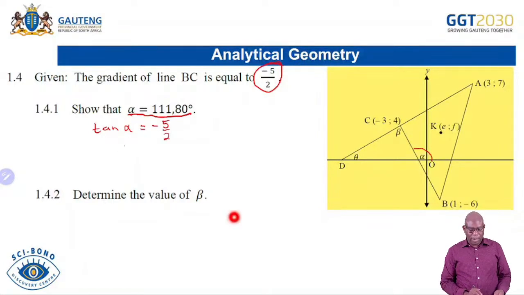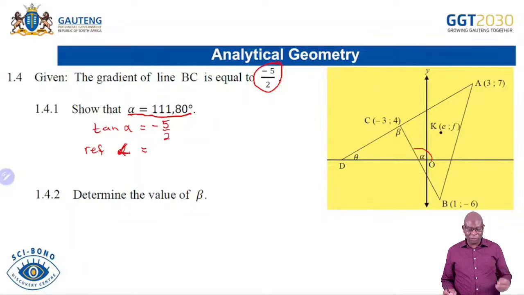So now the angle that I'm going to get there, remember I'm not going to get an alpha there. I first need to get the reference angle. So my reference angle, I use a calculator. Say shift tan 5 over 2. So you don't say shift tan negative 5 over 2.